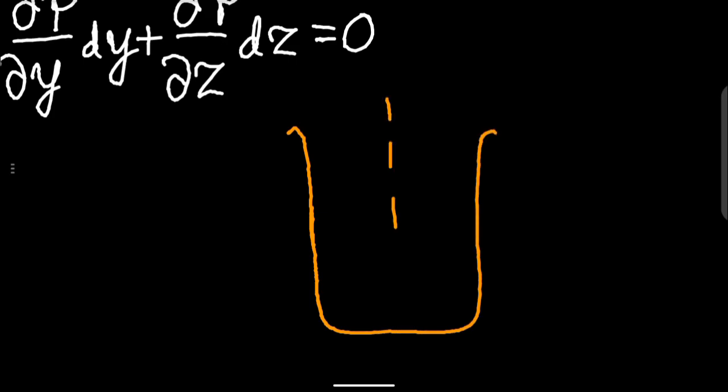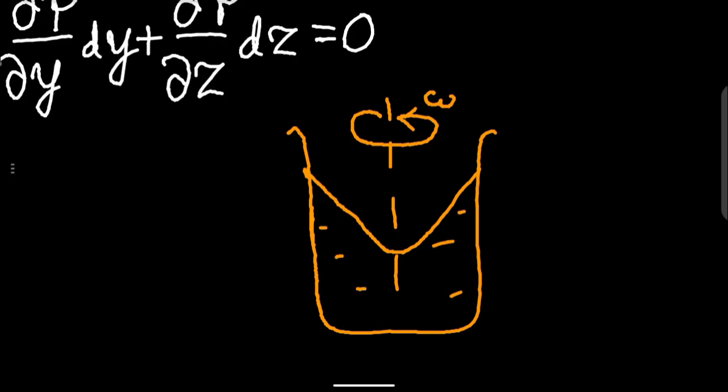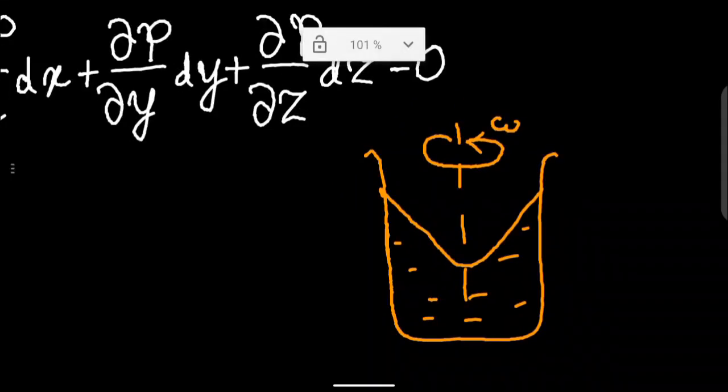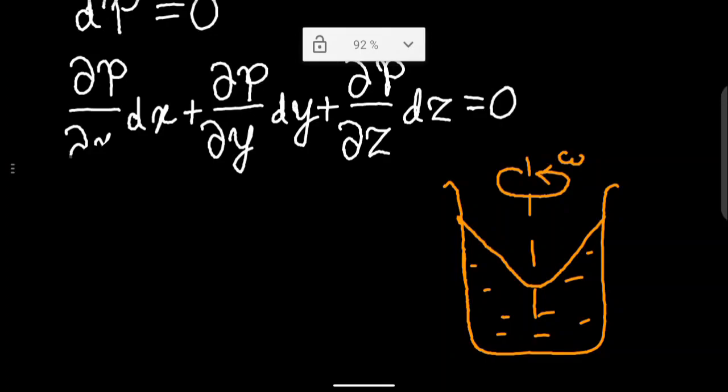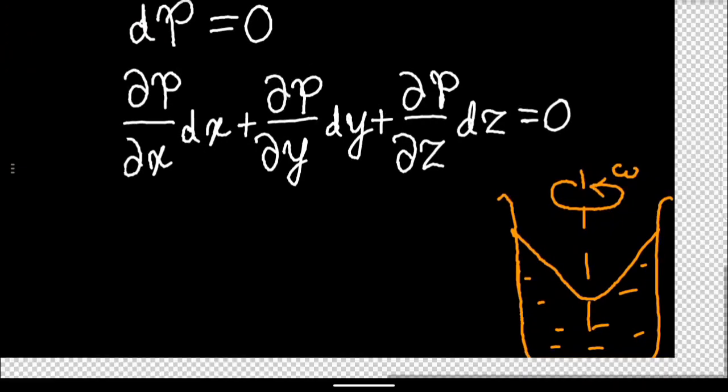There is a fluid here, and it is being rotated at some omega like this, and this is the fluid here, and this is the surface. Probably all of you have done this problem, and it can be solved in 2 lines from this equation. How? Let me show you.